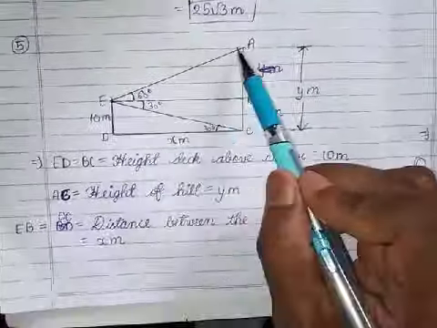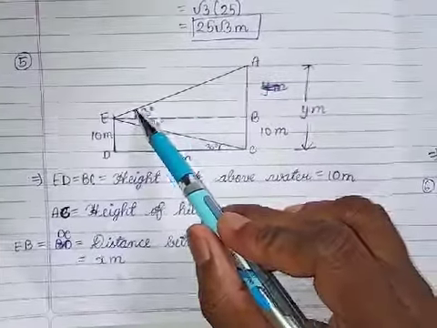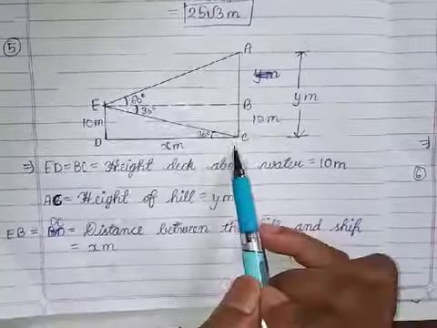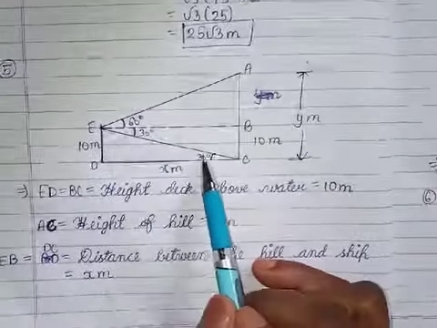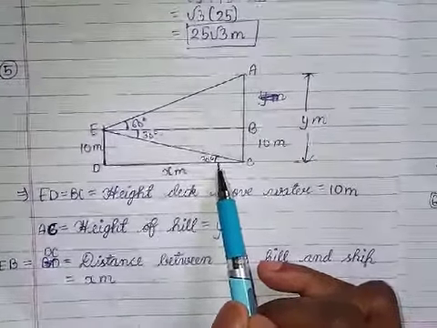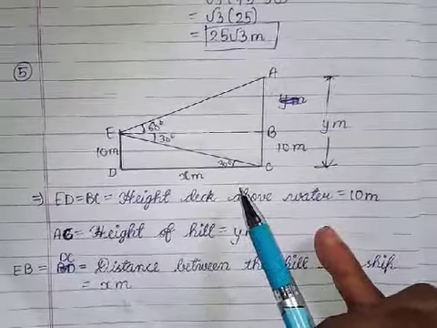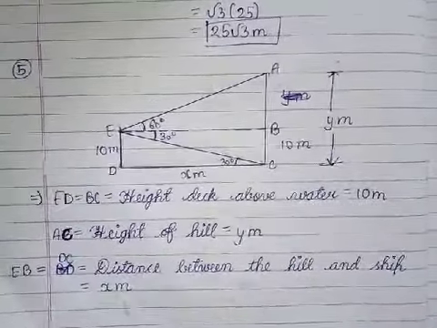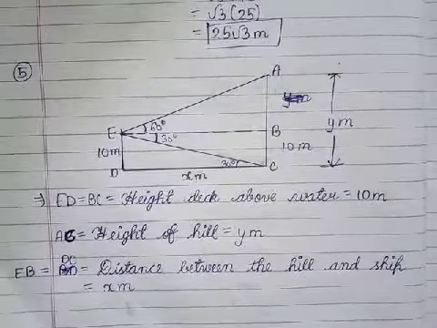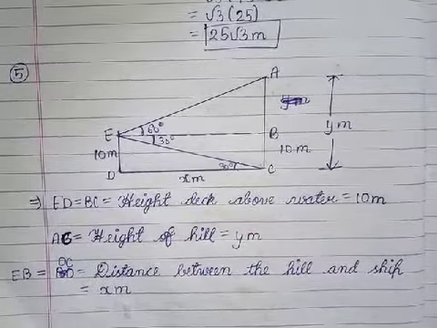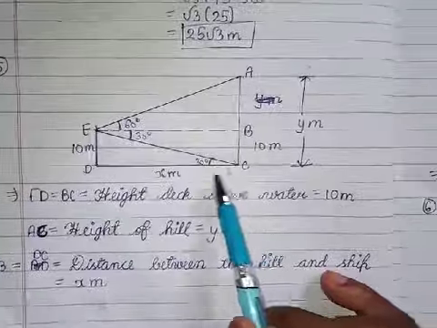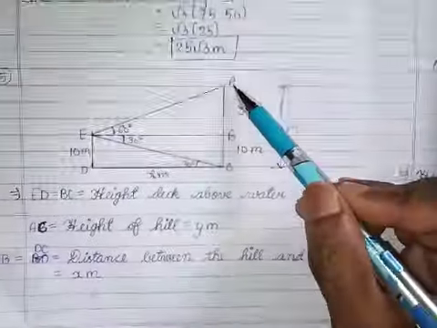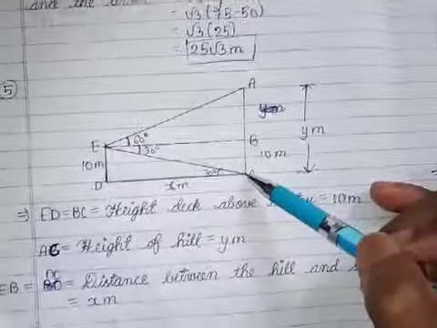The top of the hill he found at an angle of elevation of 60 degrees, and the bottom of the hill at an angle of depression of 30 degrees. What is required to find? Calculate the distance between the hill and the ship, DC, as well as the height of the hill.